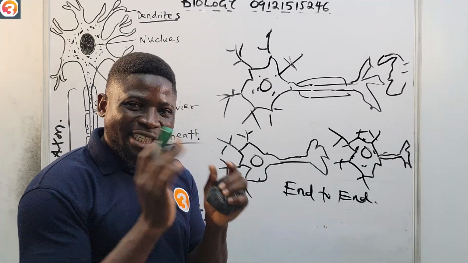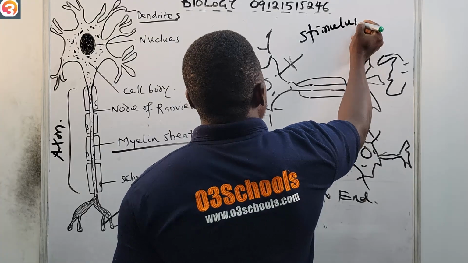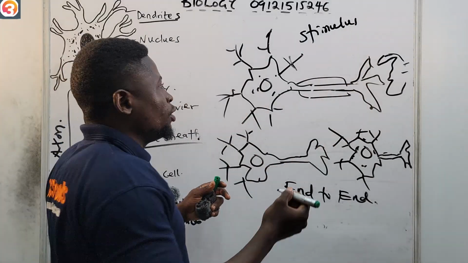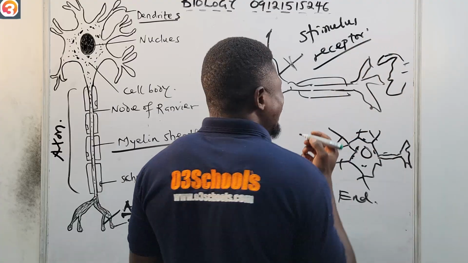Now, whenever there's a stimulus, what happens is that our receptor, like we talked about, will first perceive it.